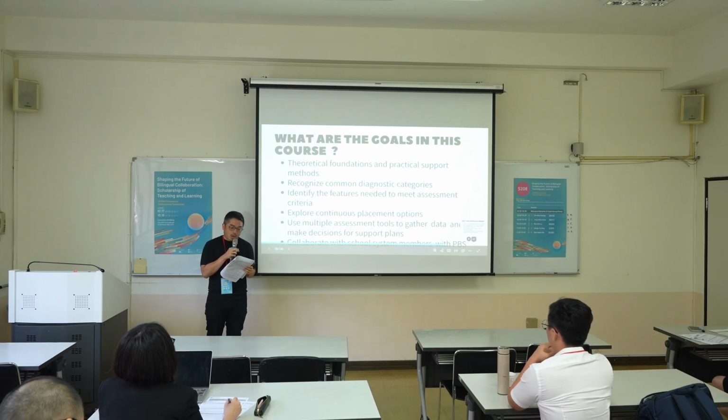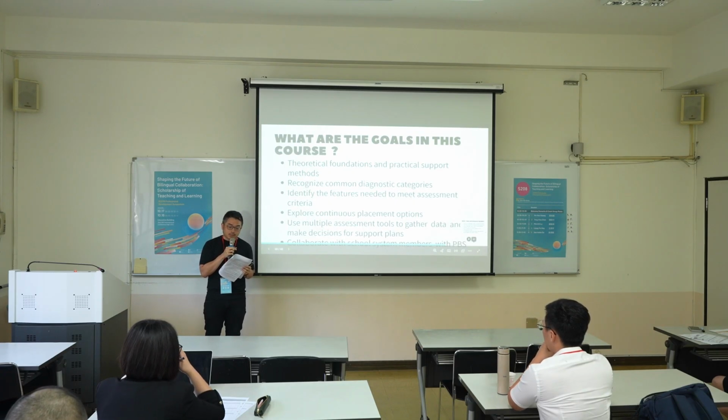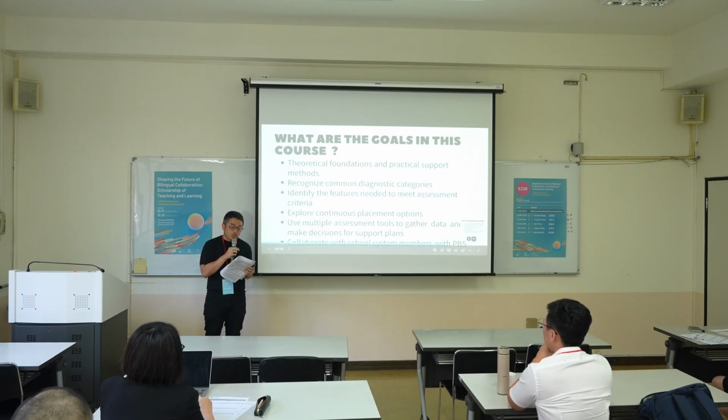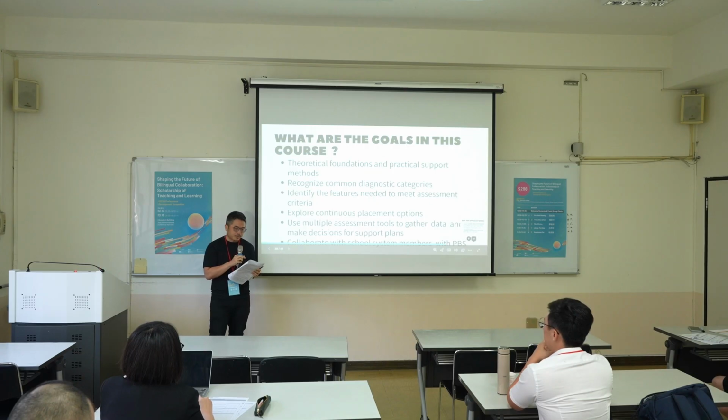Students will also learn how to identify features needed to meet assessment criteria, understand the EBD evaluation process, and explore continuum of placement options. Additionally, students will learn how to use multiple assessment tools to gather the necessary data for evaluations and make decisions for support plans.